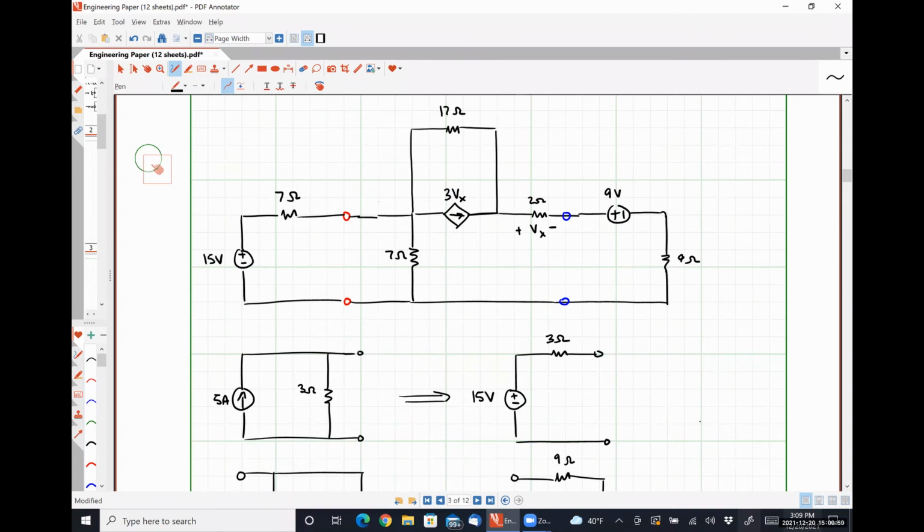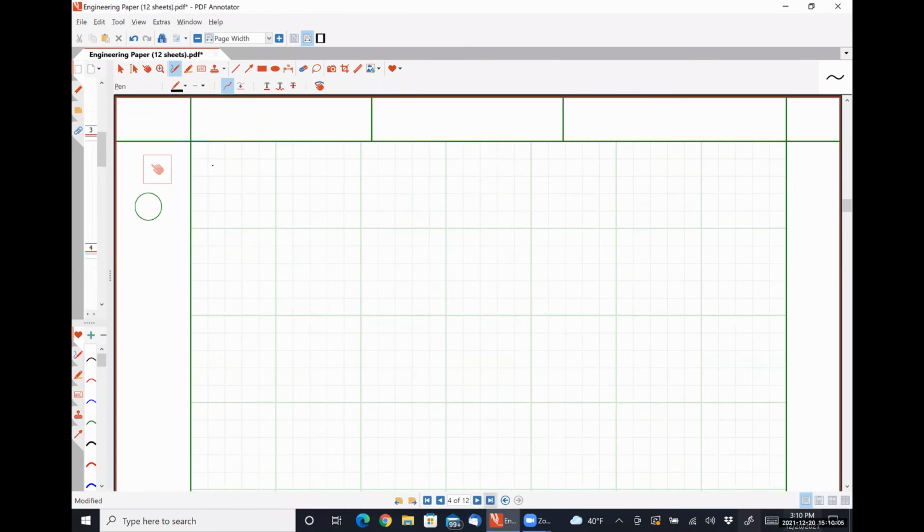So now I want to talk about the concept of maximum power analysis, or maximum power transfer, okay? Understanding the behavior of practical voltage sources and current sources can actually make this a pretty powerful tool.